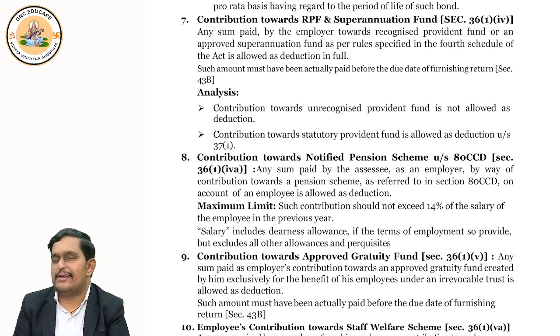But if it is an unrecognized provident fund, then it is not allowed as deduction. Employer's contribution is not taxable at the time of contribution. So when it comes to unrecognized provident fund, it is not taxable at the time of contribution. When it comes to recognized provident fund, the employer's contribution is taxed at the time of contribution and further deductions can also be claimed.